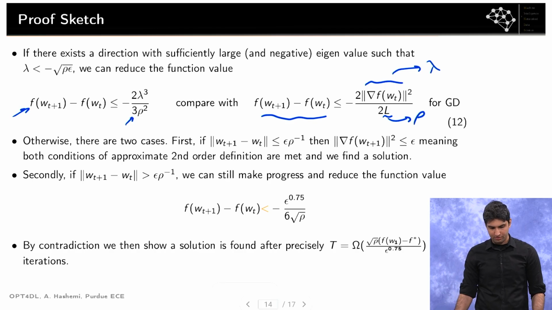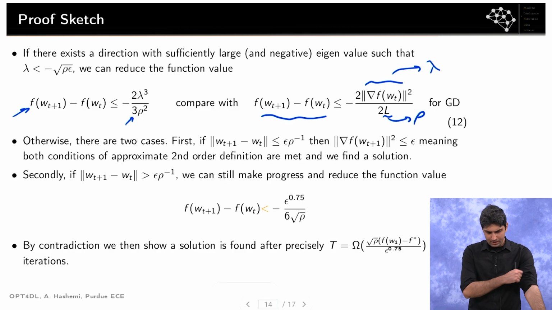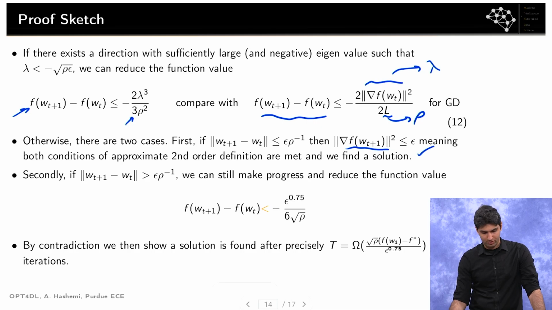Then two cases appear. First of all, if the norm of the update is small, then it turns out that the gradient norm is also small. So it means that not only do we satisfy the condition on the minimum eigenvalue, but also we satisfy the condition on the gradient norm. So it means that we have found a solution.